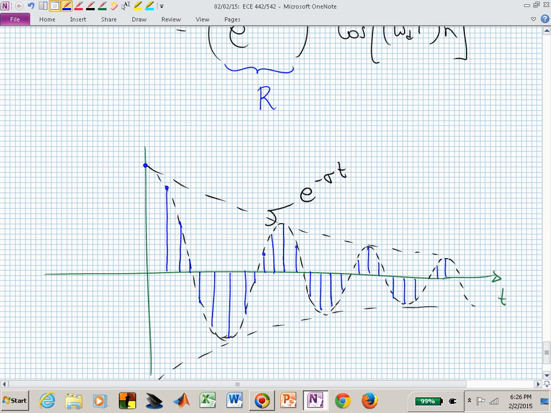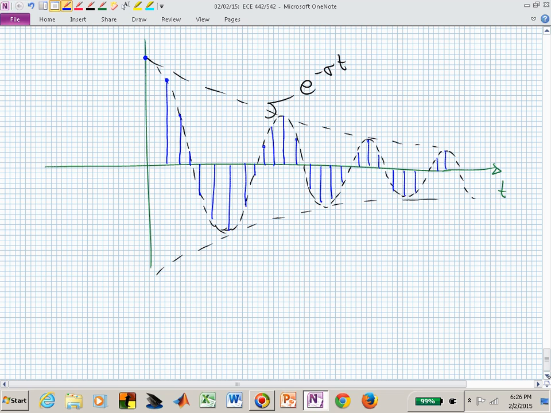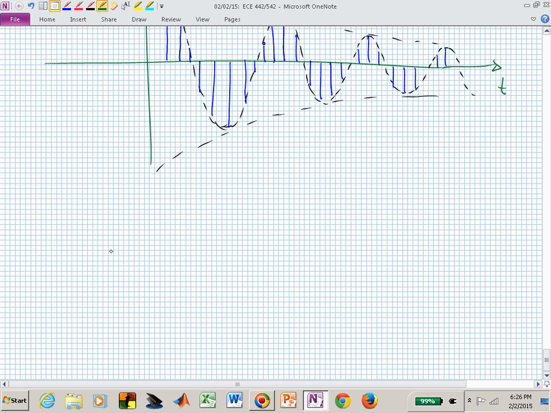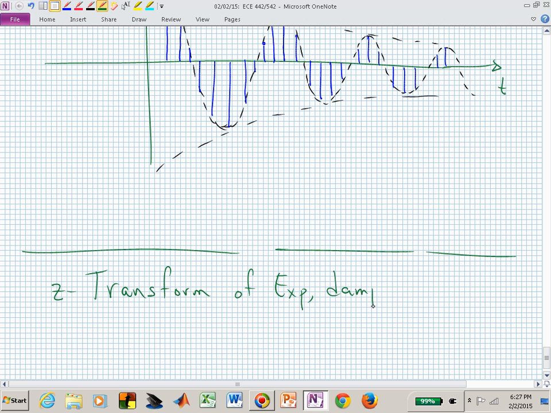What we want to do is figure out what's the Z-transform of those blue lines. This is just the time domain waveform. But we tried to relate that to something that we were comfortable with to start with. Now let's look at the Z-transform of an exponentially damped cosine.